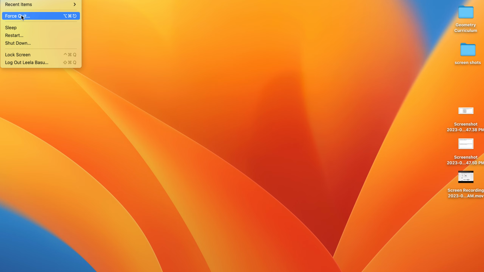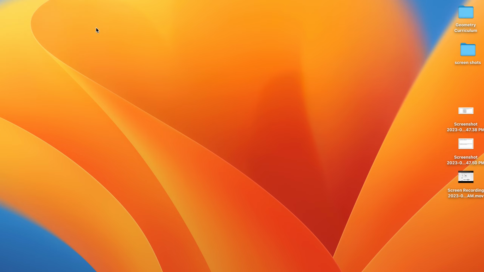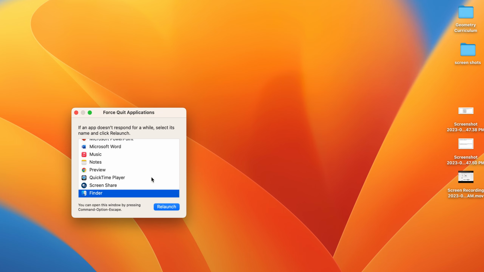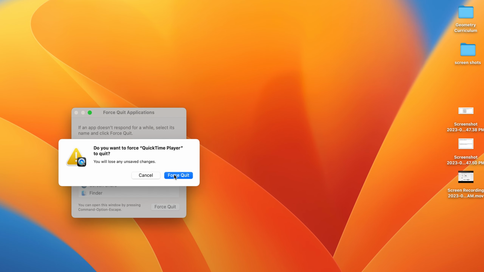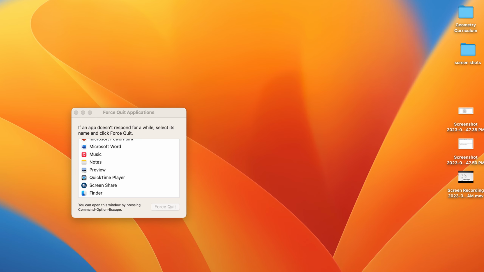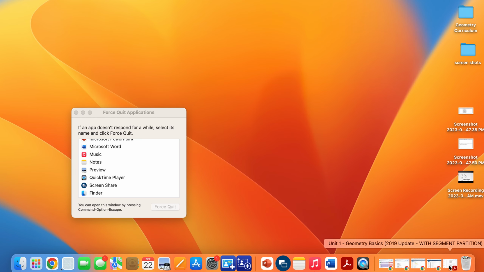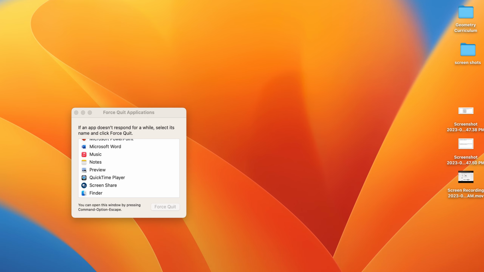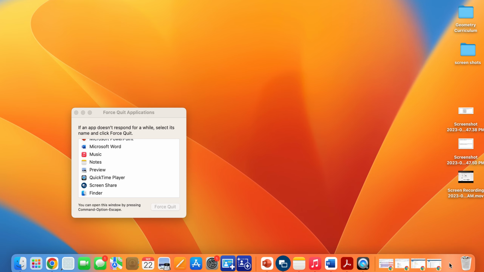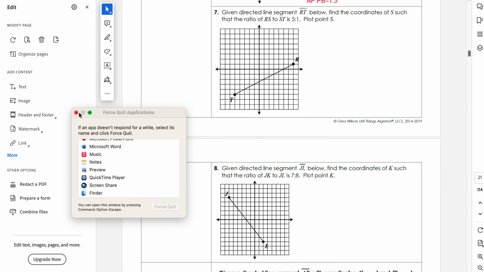I don't want to force quit. No, Finder, QuickTime Player, cancel. Alright, whatever.